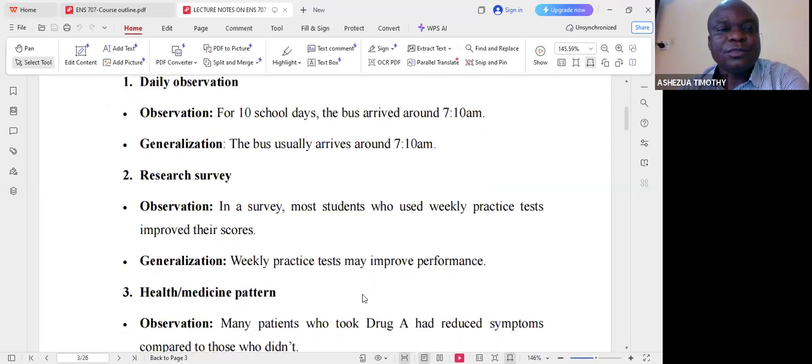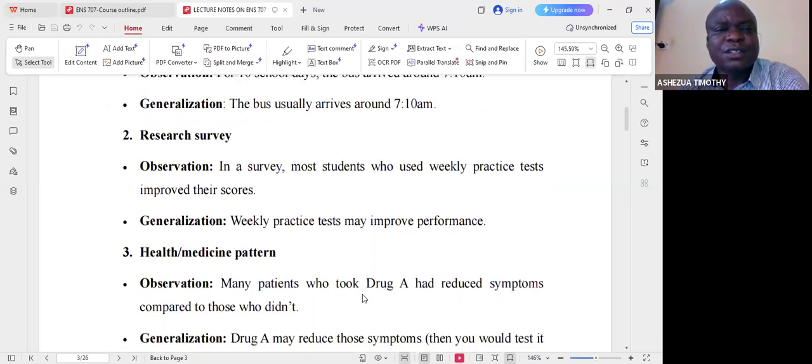Now, you can look at a research survey. In a survey, most students who use weekly practice tests improve their test scores. That's the observation. The generalization would be that weekly practice tests may improve performance.